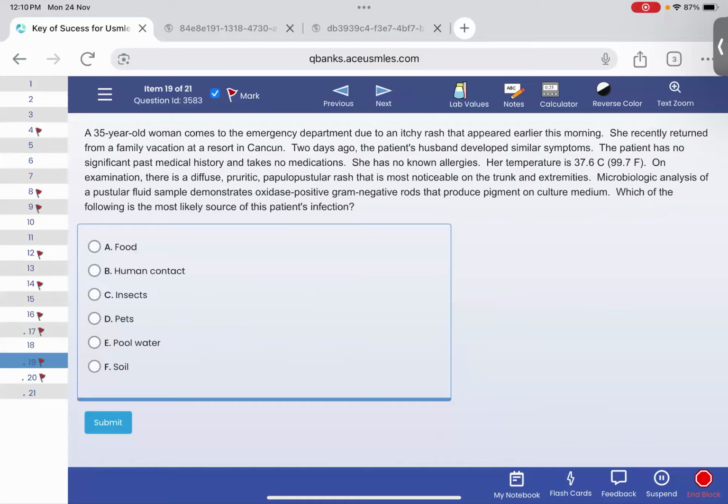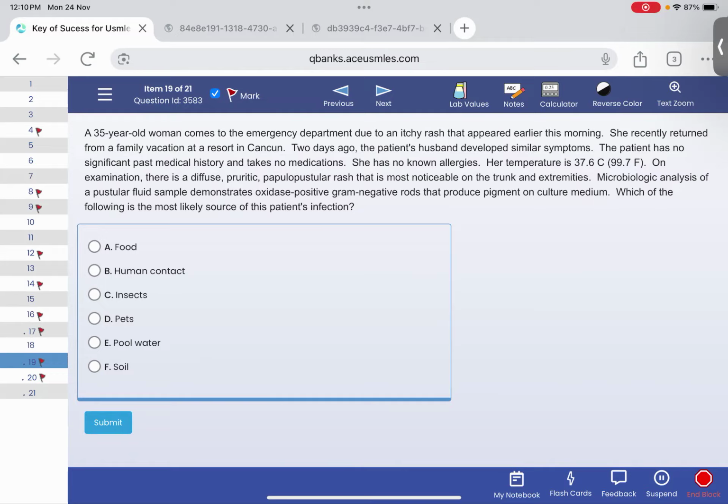Okay, next question. Which of the following is the most likely source of this patient's infection? A 35-year-old woman comes to the emergency department due to an itchy rash that appeared earlier this morning. She recently returned from a family vacation at a resort in Cancun. Two days ago, the patient's husband developed similar symptoms. The patient has no significant past medical history and takes no medication.